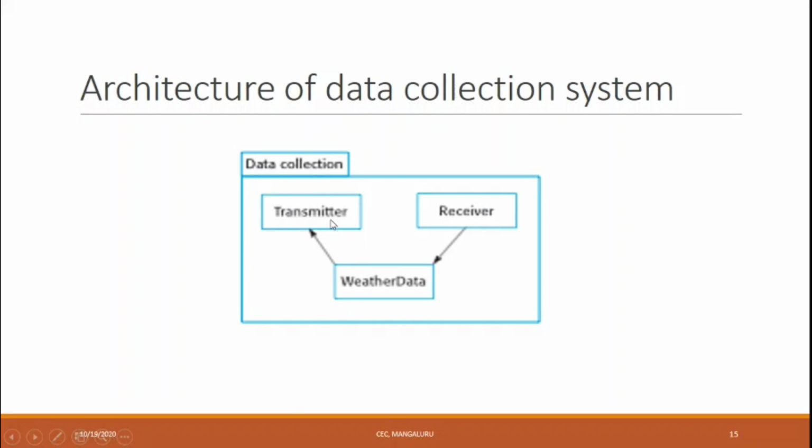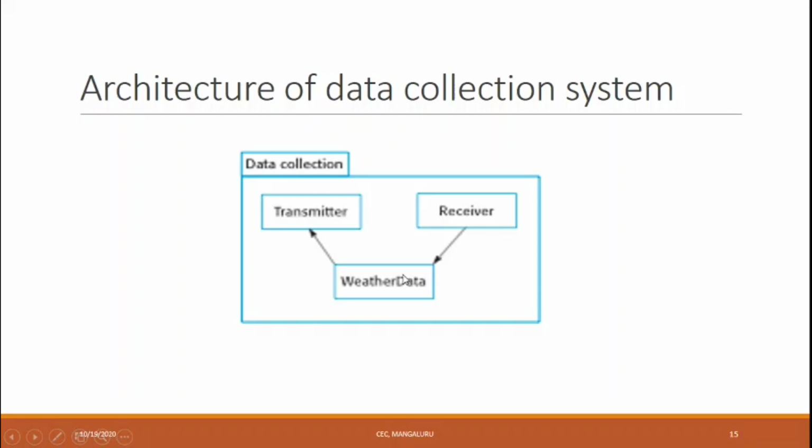Here we see some subcomponents of data collection: transmitter, receiver, and weather data. The transmitter and receiver are the objects concerned with communication, and the weather data object encapsulates the information that is collected from the instruments and transmitted to the weather information system.